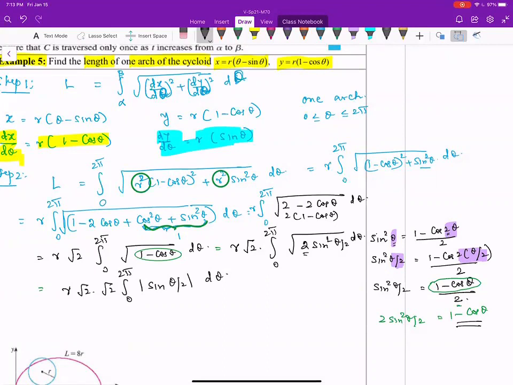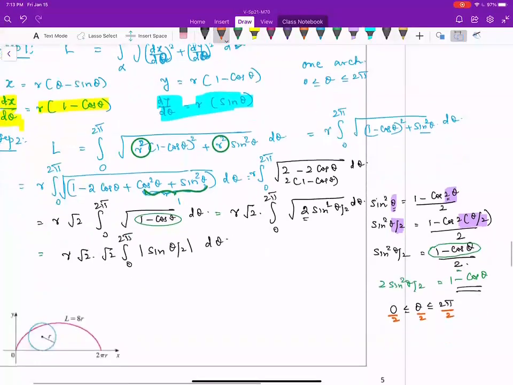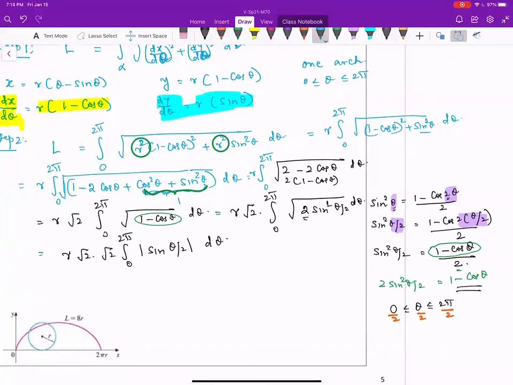But when theta lies between 0 and 2 pi, so you notice here theta lies between 0 and 2 pi. So if I divide everything by 2, I will get theta by 2 lying between 0 and pi. So that means theta by 2 is an angle in the first quadrant or second quadrant.